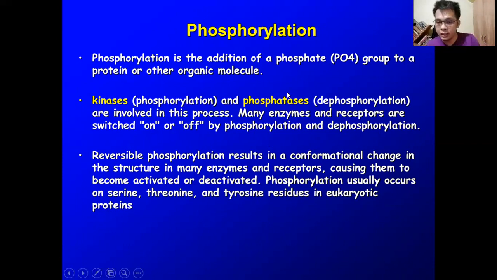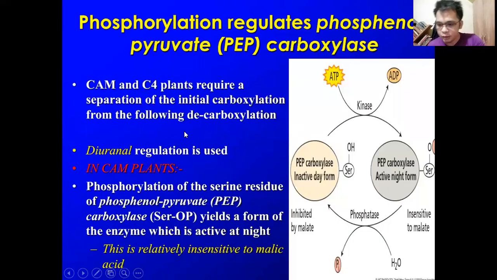The enzymes act as an on and off switch. For example, in the production of ATP to ADP, PEP carboxylase is the inactive form found in CAM and C4 plants, and our example here is the CAM plants.